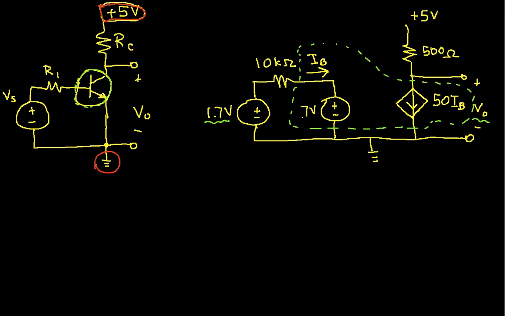But what this means is that between this point that I've labeled plus 5 volts and the point that's labeled ground, there's a 5 volt source. So to make this explicit in our computation for biasing, I'll actually add the 5 volt source here to make sure that it's clear.